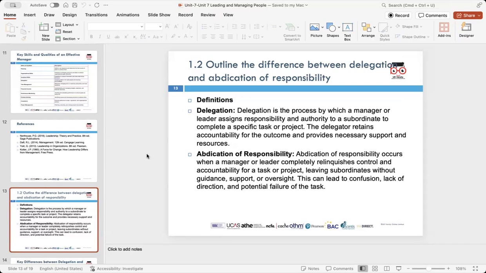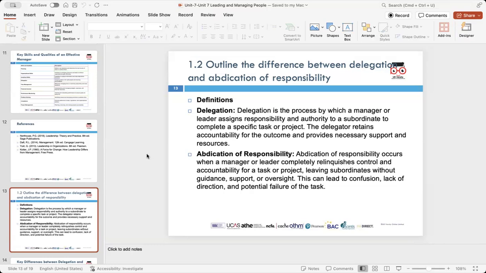Basically, delegation is when a manager or leader assigns a task or project to a team member, giving them the authority to complete it while still being responsible for the outcome. The manager provides the necessary resources and guidance to help the subordinate succeed.